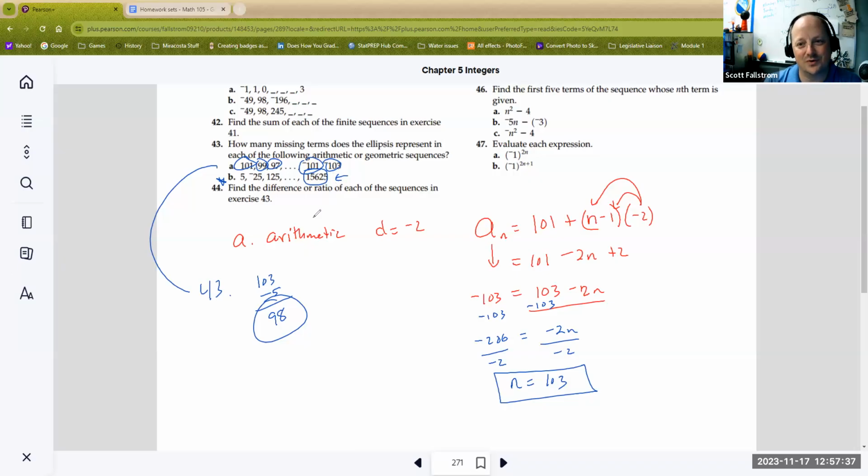It doesn't hurt to write a sequence like that in prime factored form: 5, then negative 5 squared, then 5 cubed, and so on. Notice the common ratio would be -5. Multiply by -5 to move to the next term, and that would help you get how many total terms there are.